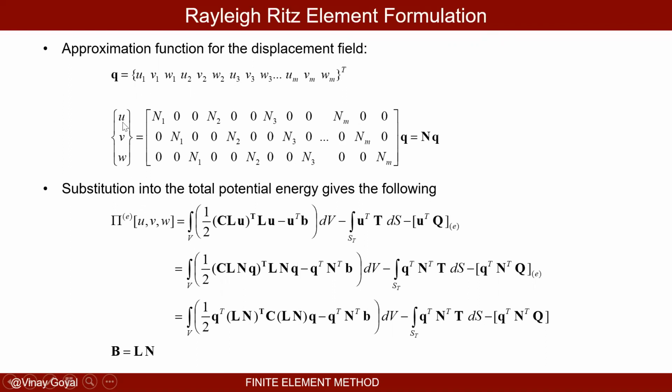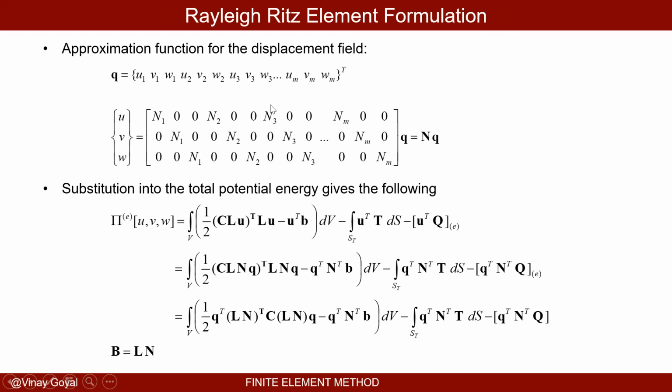What you see here is I can now express U, V, and W, the deflections within the element, as a function of the nodal quantities. We can use the shape functions to accomplish that. Note how I'm going to apply the shape functions in such a manner that the first equation is U at any point within the volume, which is X, Y, and Z. I'll multiply N1 times U1 plus N2 times U2 plus N3 times U3.